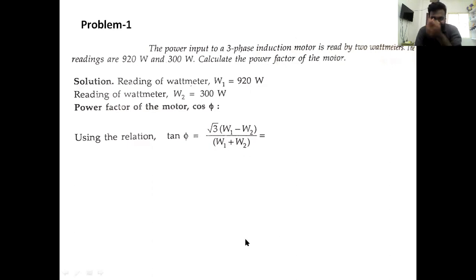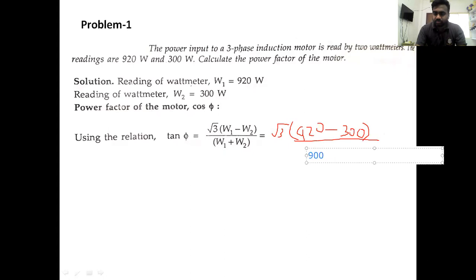Substitute the values here. What will be the expression? Root 3 of (920 minus 300) divided by (920 plus 300).